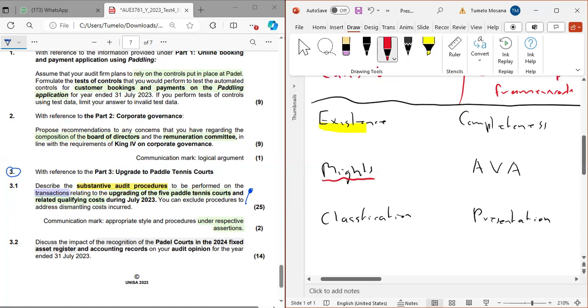With classification, it needs to be recorded in the proper account. Then with completeness, you need to check whether all transactions, or all assets or liabilities, have been recorded.